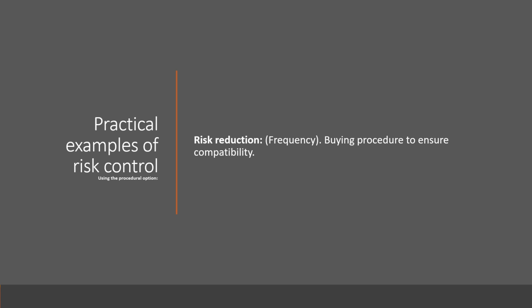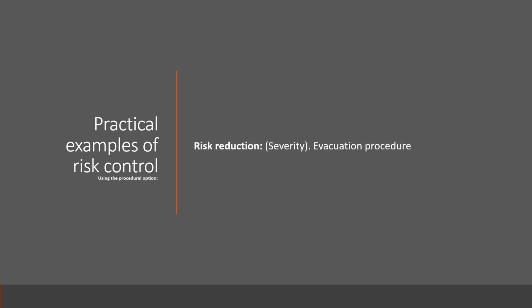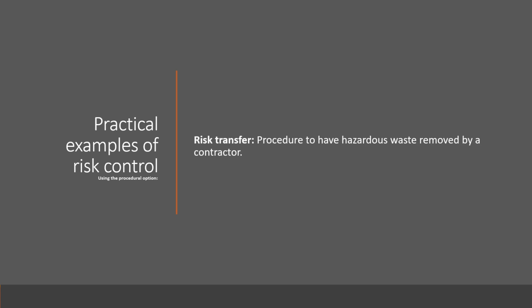The reduction of frequency or likelihood would be a buying procedure to ensure compatibility. The risk reduction in terms of severity or consequence could be an evacuation procedure. And finally, risk transfer using procedural option could be the procedure to have hazardous waste removed by a contractor.